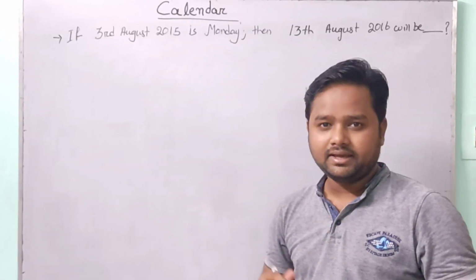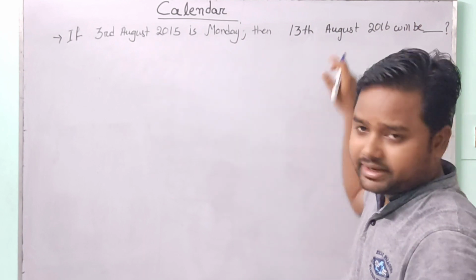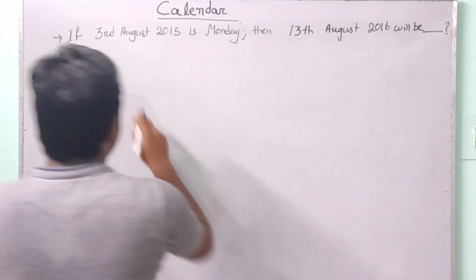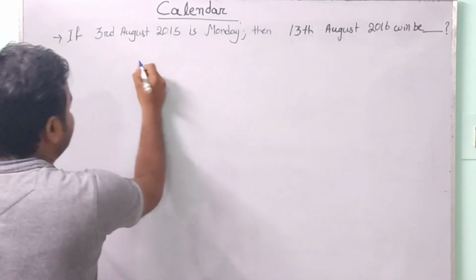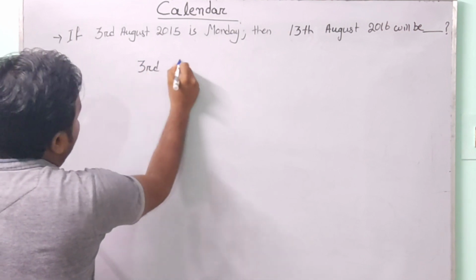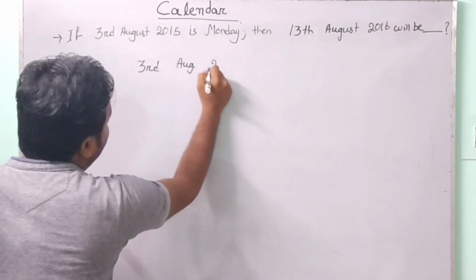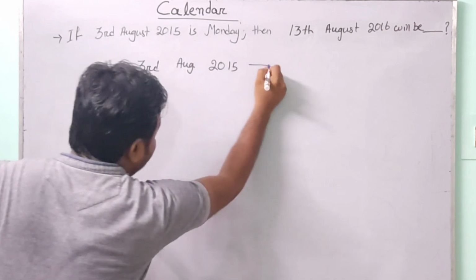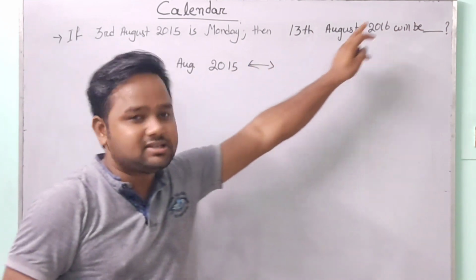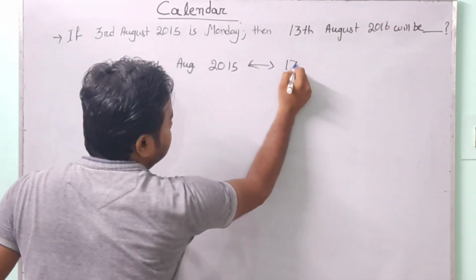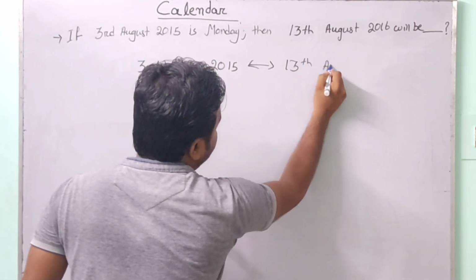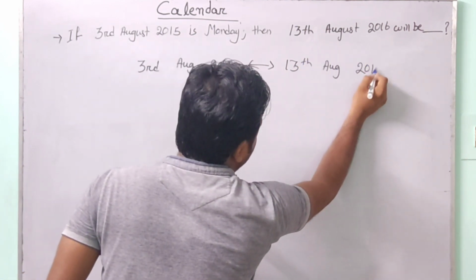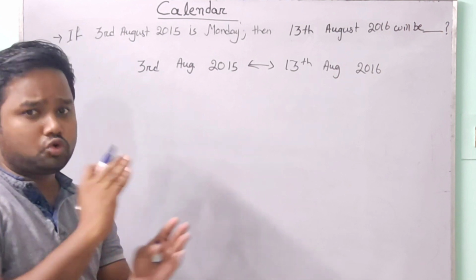Here we have to check the gap between these two dates. That means here it is 3rd August 2015 till the last date, 13th August 2016. Here we have to convert it into two parts.